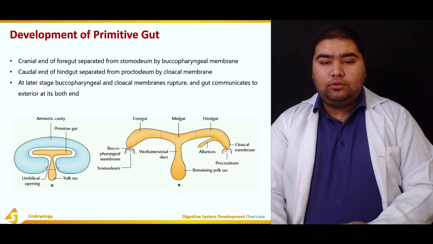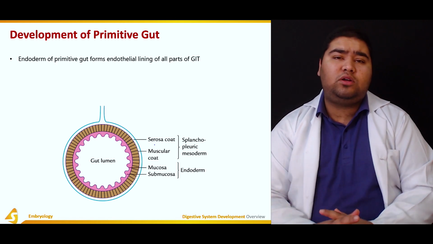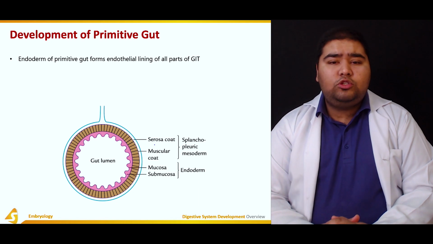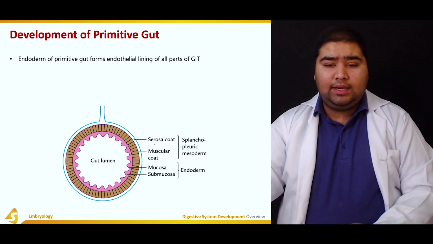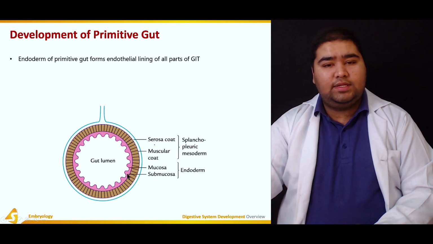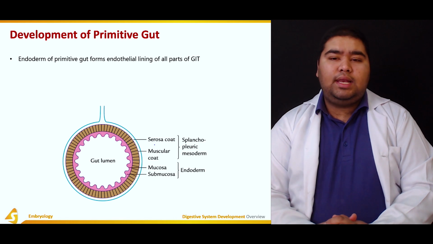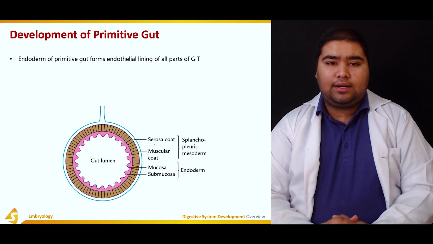Alright, so moving on, now we'll see how the various components of the gut are formed. The endoderm of the primitive gut, this mucosa and submucosa of the primitive gut, forms the epithelial lining of all parts of the gastrointestinal tract.